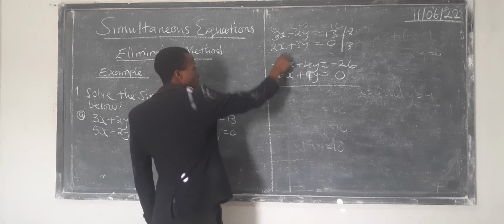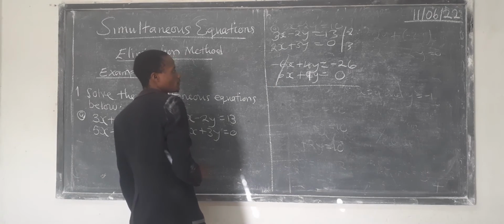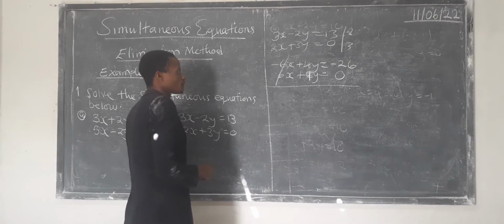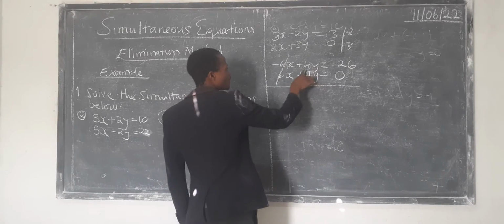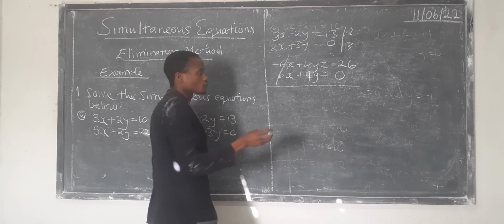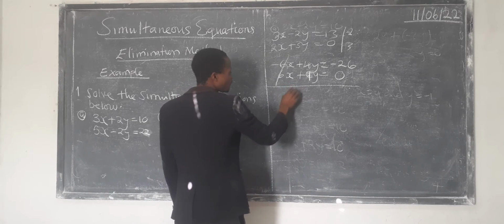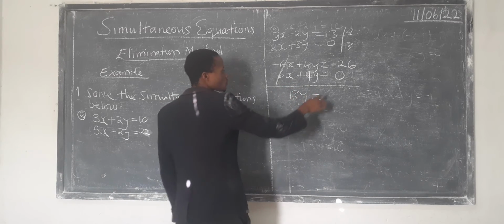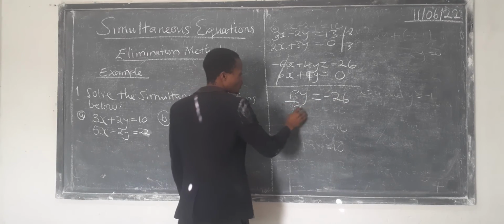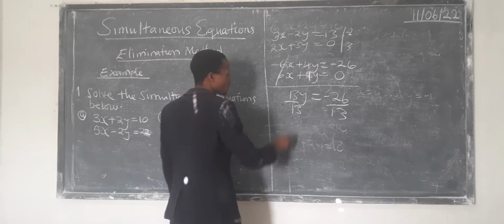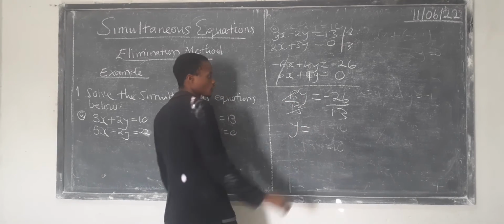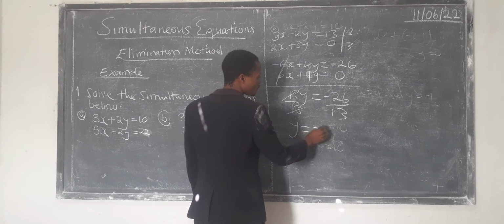When adding, the x terms will be eliminated because they have different signs and the same value. So we have 4y plus 9y, which gives 13y, equal to negative 26. Divide by 13 on both sides, and we have y equal to negative 2.